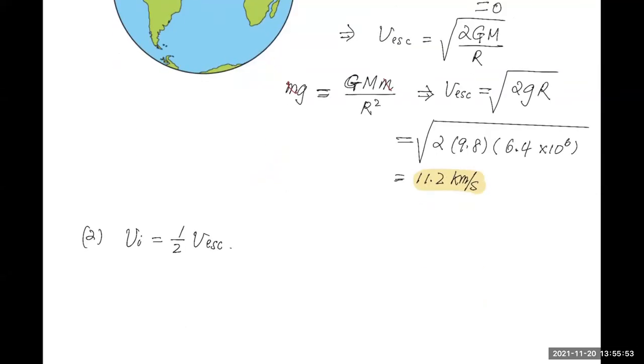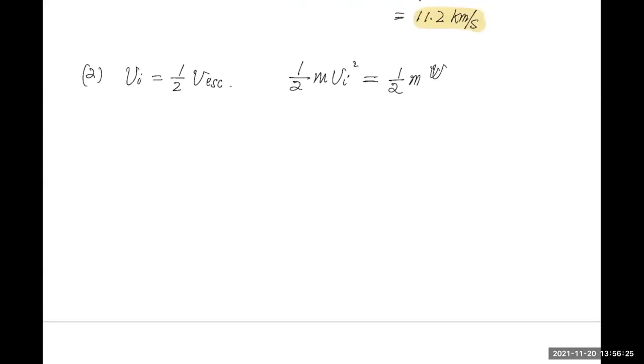So now I have 1/2 m v initial squared, and that equals to, as you know, 1/2 m v escape over 2 squared, and that is again a quarter of the initial kinetic energy if it's moving at escape velocity.